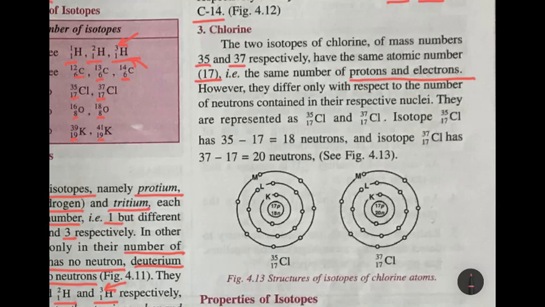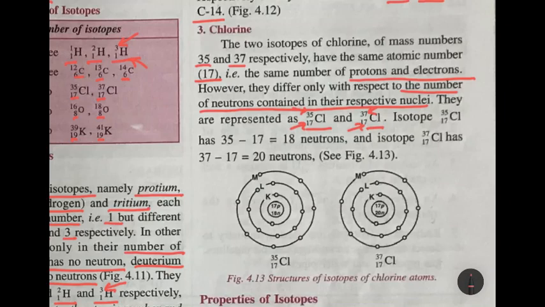And how are they different? They are different because the number of neutrons contained in their nuclei is different, more or less. So they are represented by Cl with subscript 17 denoting the atomic number, and the different superscripts 35 and 37 denoting the mass number.